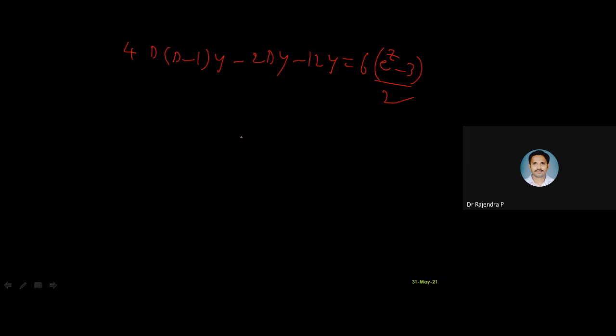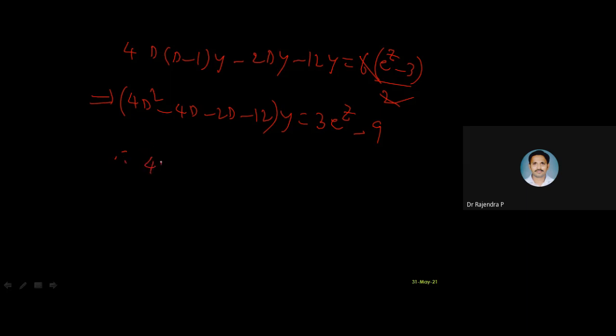Have you got this? Everyone? Yes, sir. So now you simplify, that's all. 4d square minus 4d minus 2d minus 12 into y equal to 3 e power z minus 9. That's all, right? 3 into 3 is 9. Good.